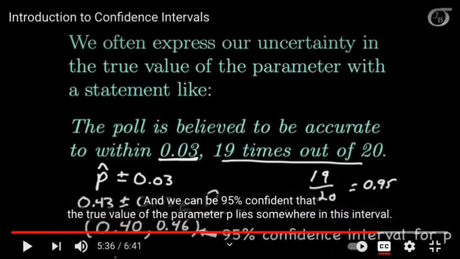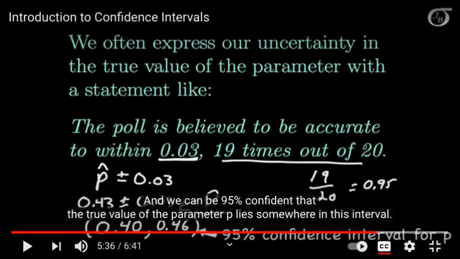Does everybody understand how we got 0.40 and 0.46? Any questions about how that came about? This is 95% confidence, 19 over 20. Sorry, this is the confidence level, and this is the confidence interval.